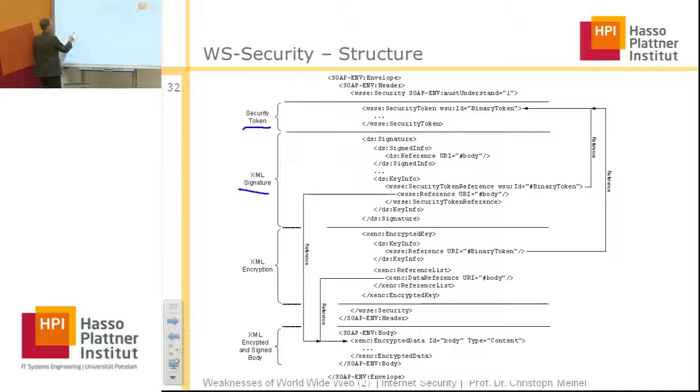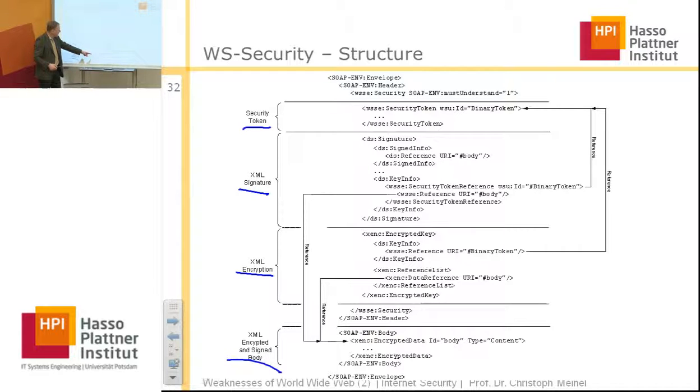Then we have the XML signature. Here we have the reference for this. Then we have the XML encryption, the part that describes the XML encryption, and then we have the XML encrypted and signed body.